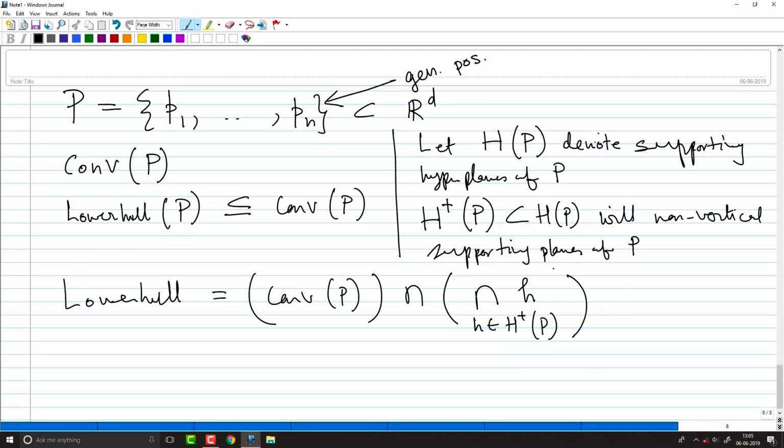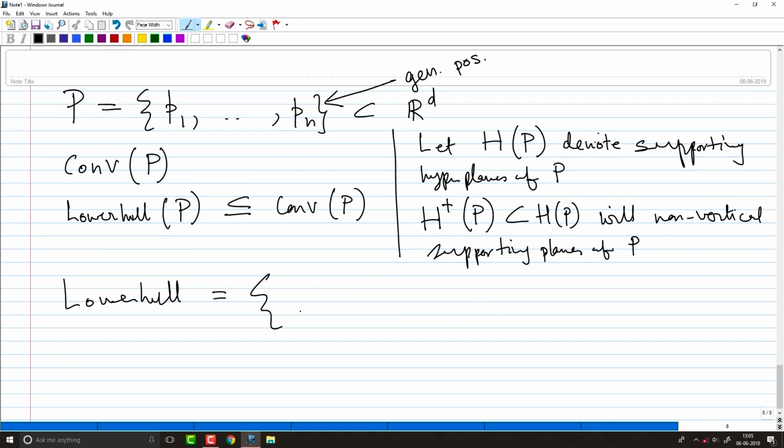Just one second, I made a mistake somewhere. Let me check. Okay, so lower hull I will define it as, it's not a convex body, no. My mistake.